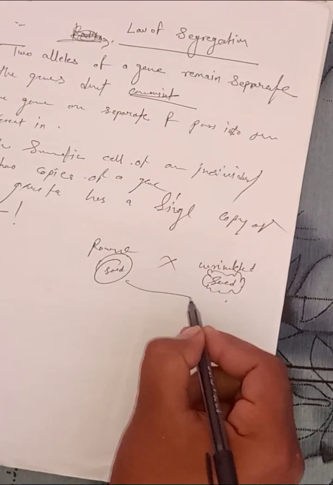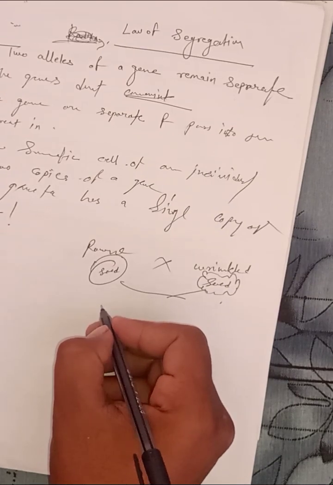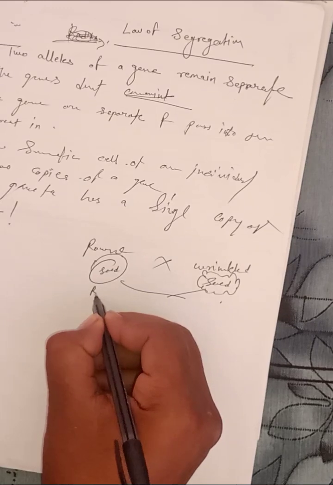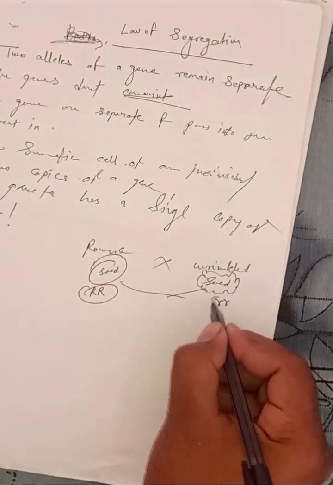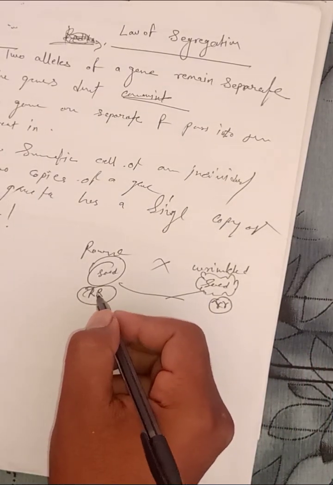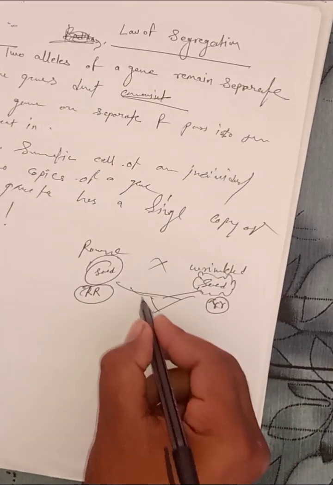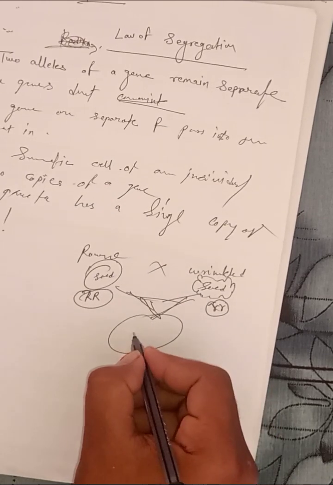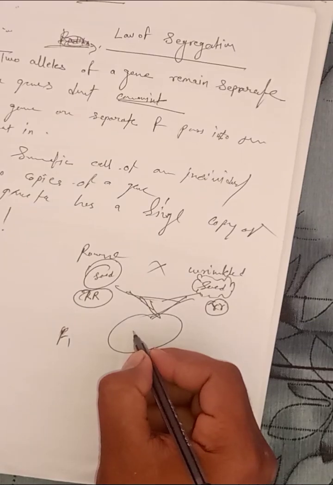We can cross them with each other. These are the gametes, responsible for the wrinkled seed and for the round seed. Here we will find that the F1, the filial first generation, is heterozygous.